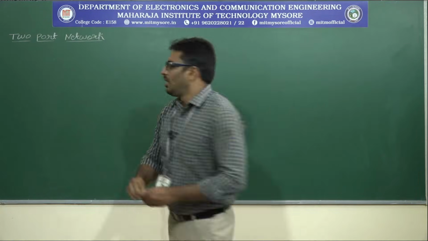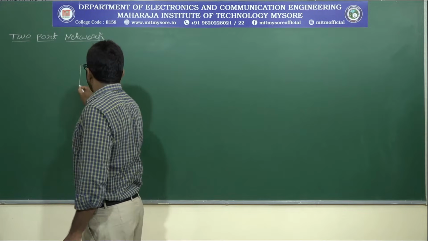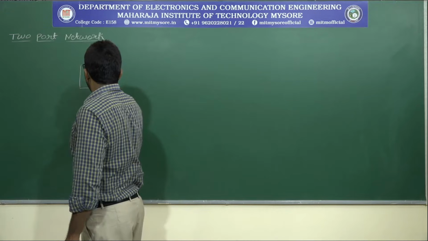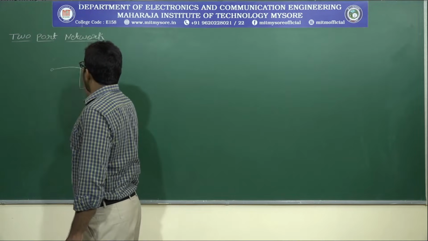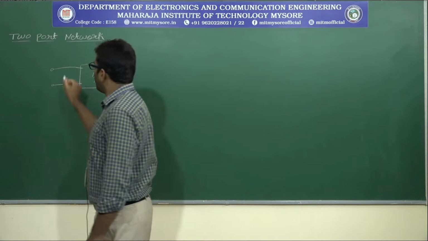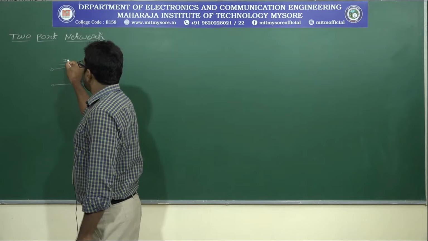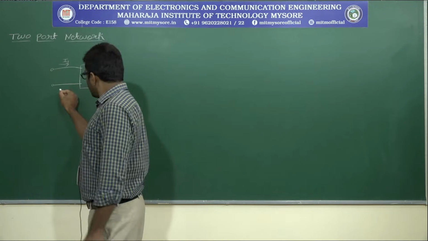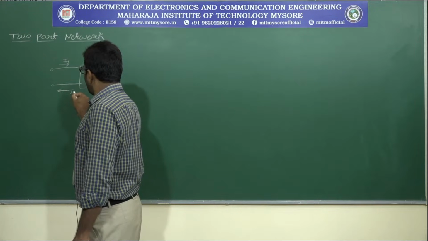First let me write network. This is the network. The first set of terminals is known as the input port. The current entering the network is I1, and at the same input port, the current leaving the network is I1 only.